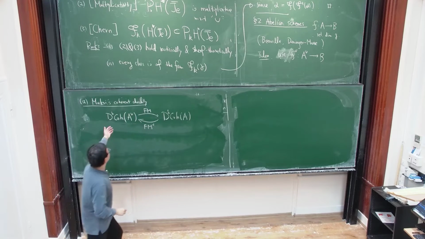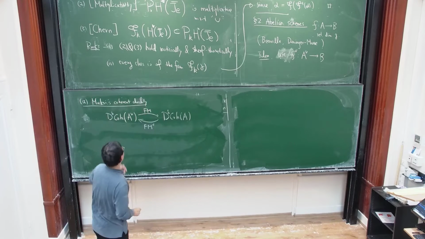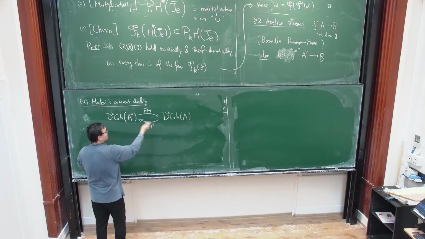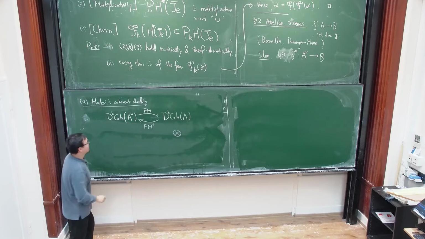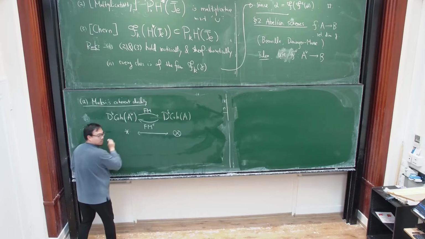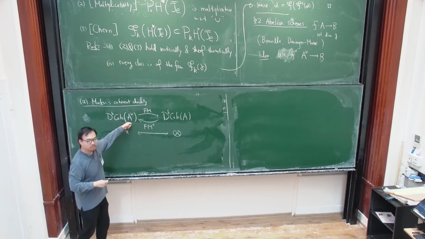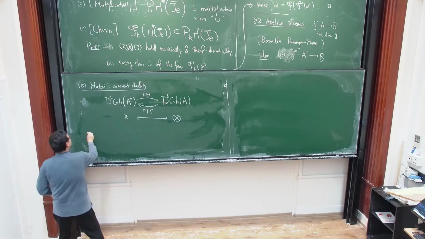Since I will concern the cup product, I also have to keep track of some structures on both sides. For example, the tensor product on this side will be exchanged with a convolution product defined using the group structure.